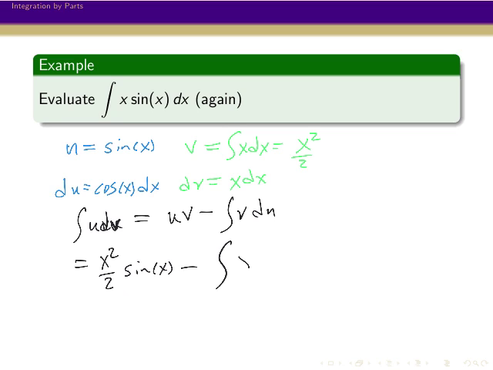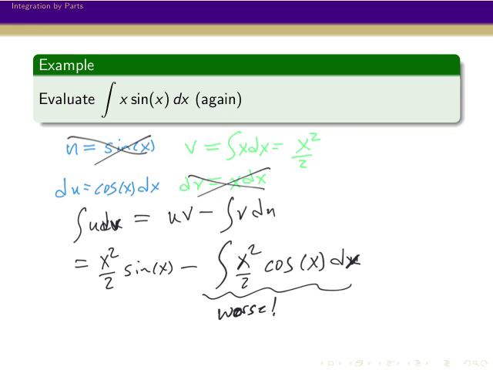So v, x squared over 2, times du, cosine of x dx. And now looking at this integral we got at the end here, this is not nicer than we had before. So this has gotten worse. And so this means that this was not a good choice for u and dv for this integral.